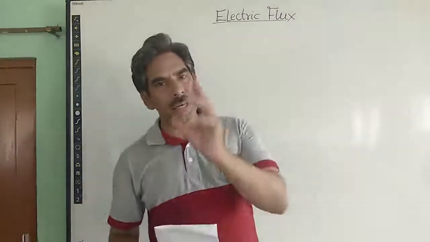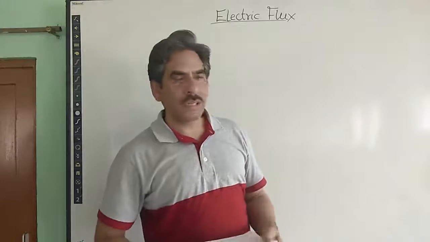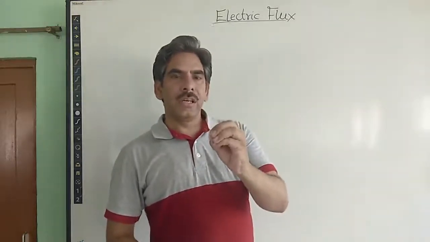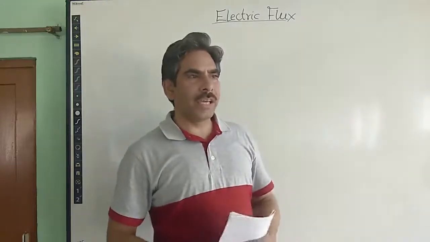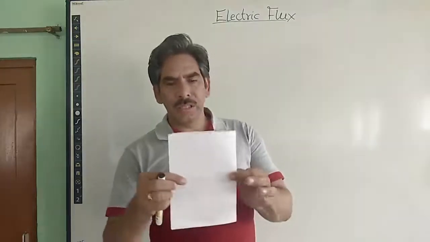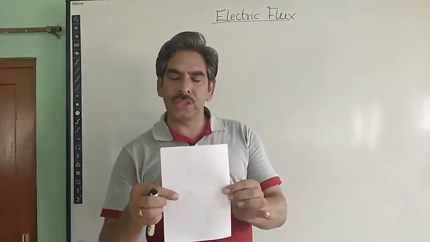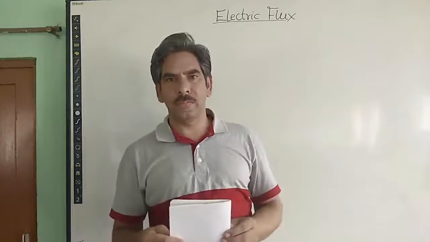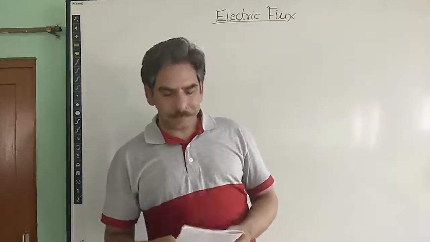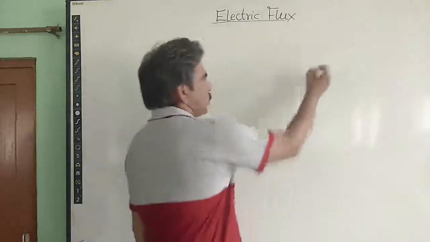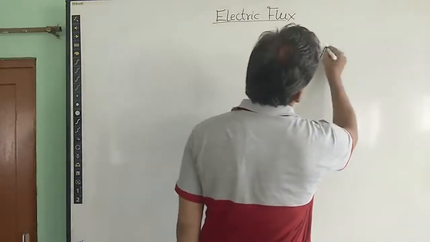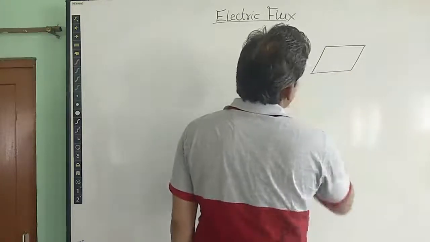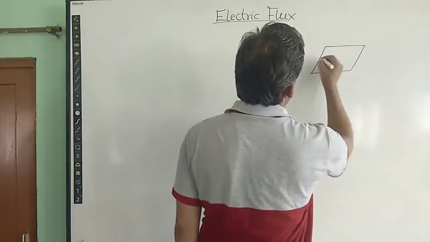So that is a very important consideration, and to include that information in our discussion, we define a very important term related with the surface area, which includes both these two pieces of information, and that is the area vector. So what is an area vector? Suppose that we have this area, the area of this surface is ds, for example.